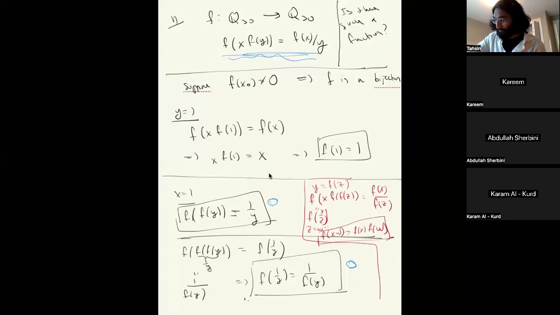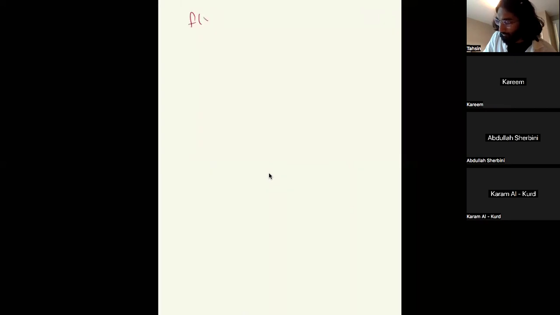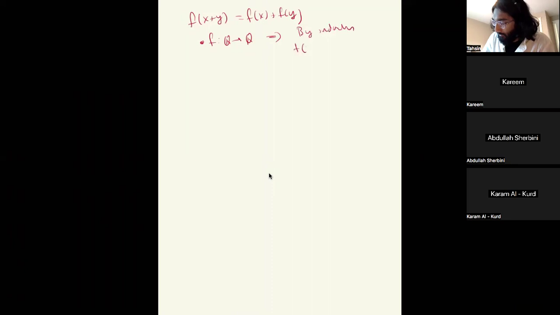Yeah, let me sort of make a point here. I think I'll use a new page. So this is a really important thing to understand. If we have the regular Cauchy, and we are say from Q to Q, basically you can show by induction that f of x equals a constant times x.